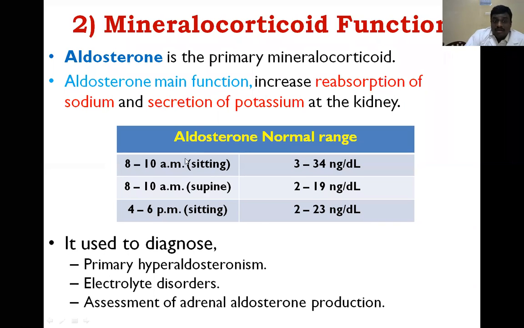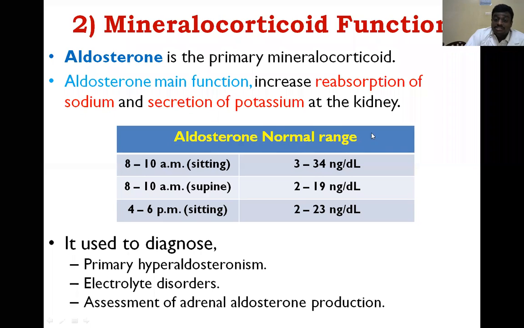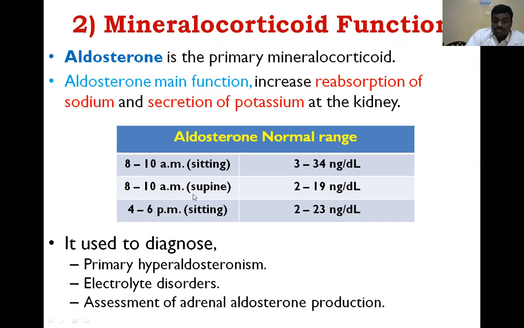So here, aldosterone estimation in the serum sample. Aldosterone varies with the position of the patient at sample collection, whether the patient is in the supine, sleeping position, or in the sitting position.